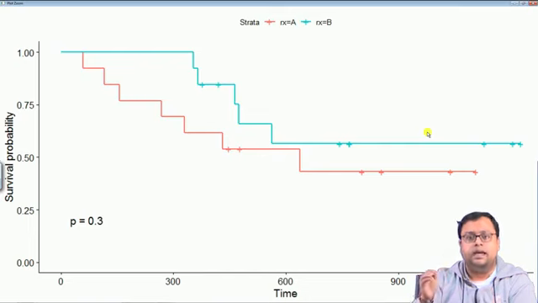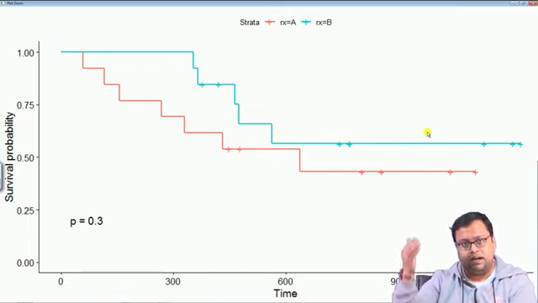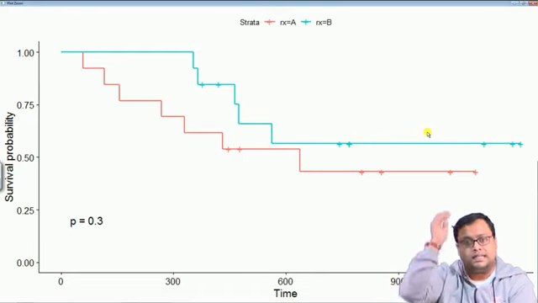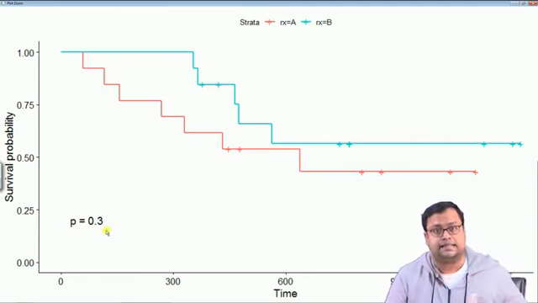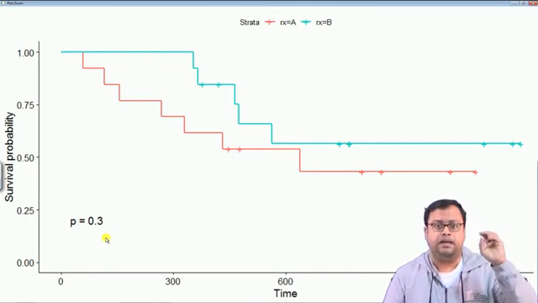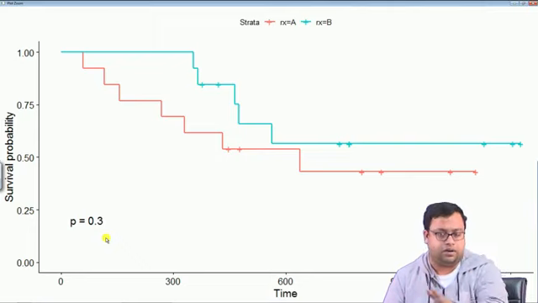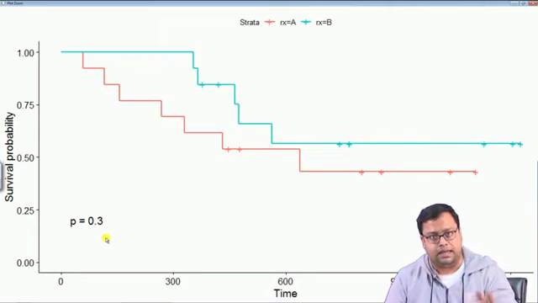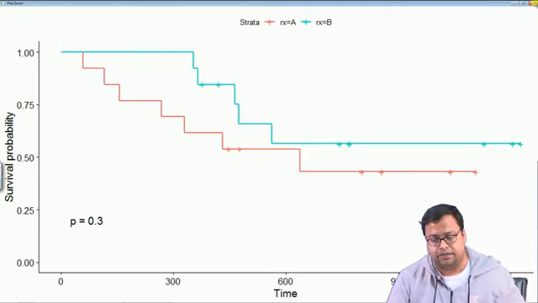So, Rx is equal to B has much lesser hazard rate than Rx is equal to A. But on the other hand, p equal to 0.3 tests whether these two are significantly different or not. P lower than 0.05, they are significantly different. P higher than 0.05, they are not different. So, as per my statistical analysis, at least I can say that these two are not very different.